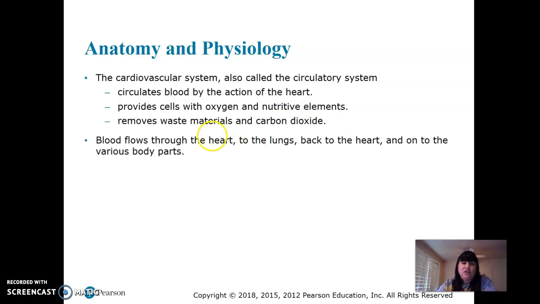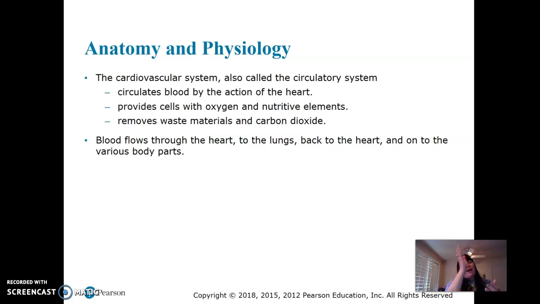Cardiovascular, also known as the circulatory system, circulates blood by the action of the heart. So it's a closed system, okay? Here's the heart. Blood goes away from the heart via the arteries. The arteries are the vessels taking blood away from the heart, and it goes down to the capillaries. Capillaries are where the nutrient and waste exchange happens.